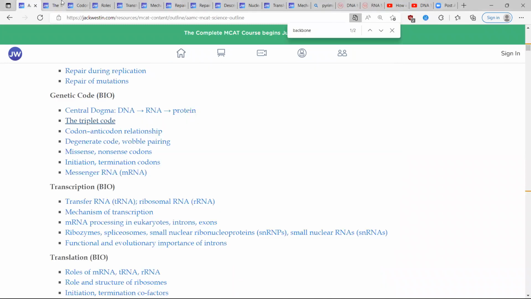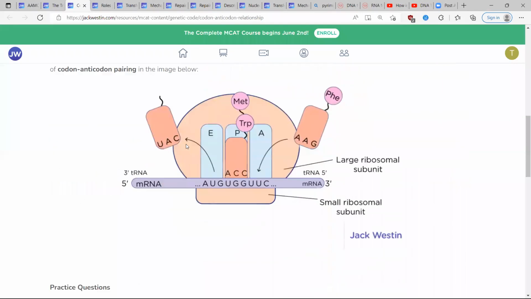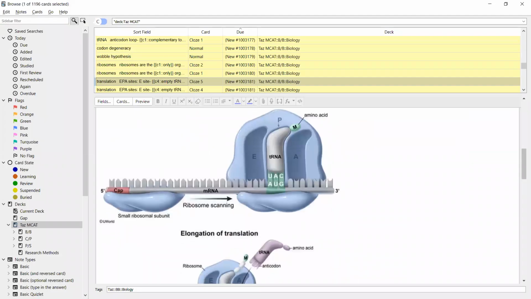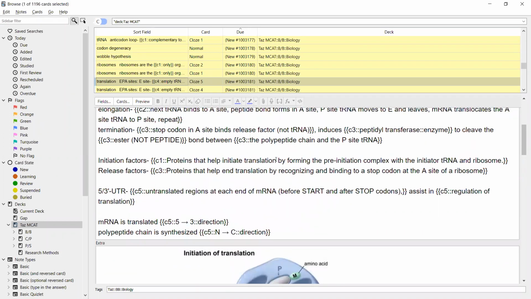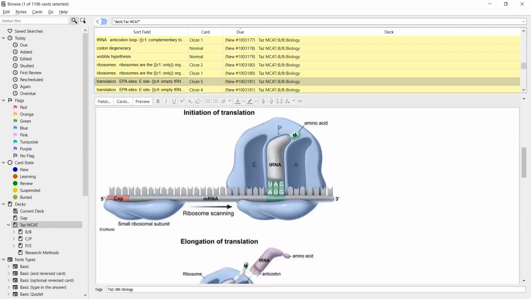So codons, I've explained codons, and now, remember we talked about anti-parallel? So this shows up again. If AUG is on the mRNA, then we have this. So we have three different types of RNA happening here. We have the rRNA in our ribosomes.